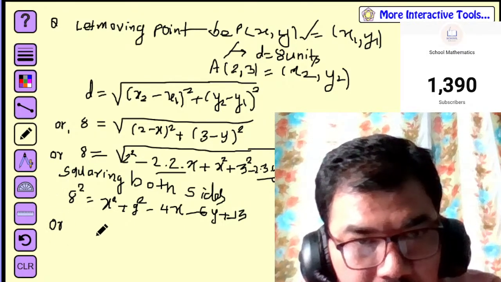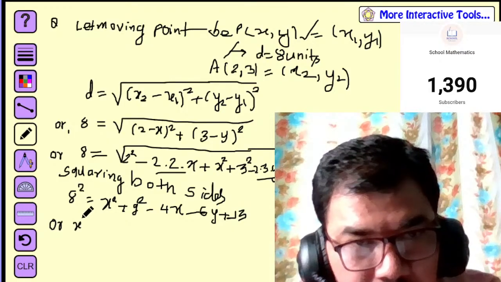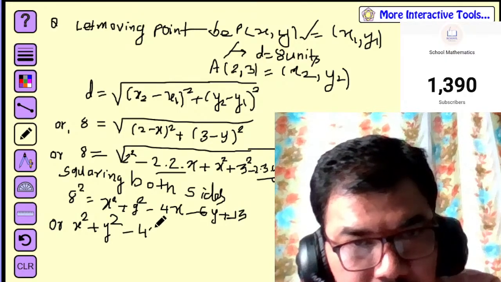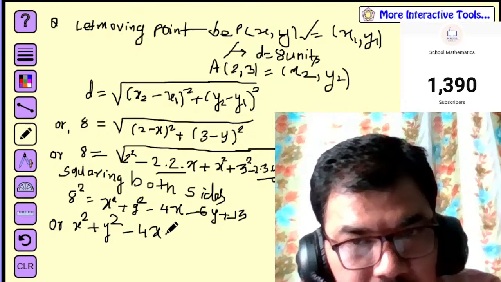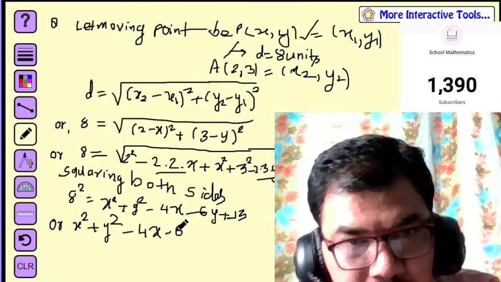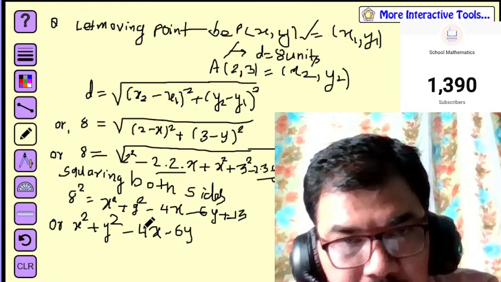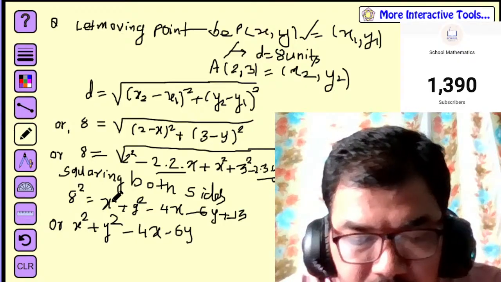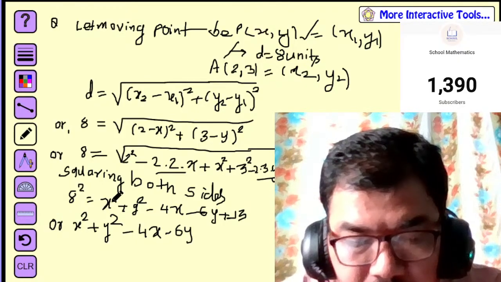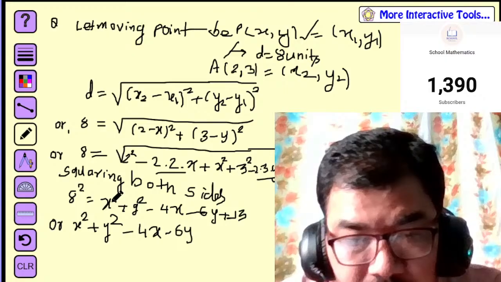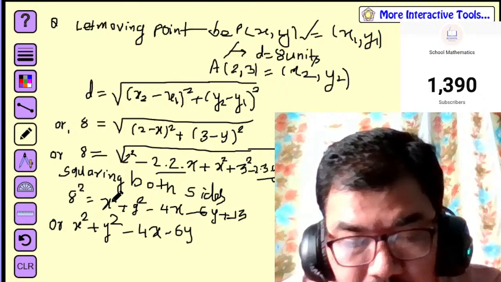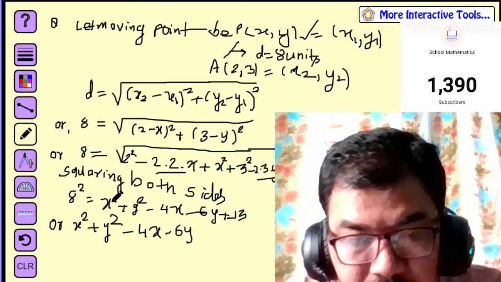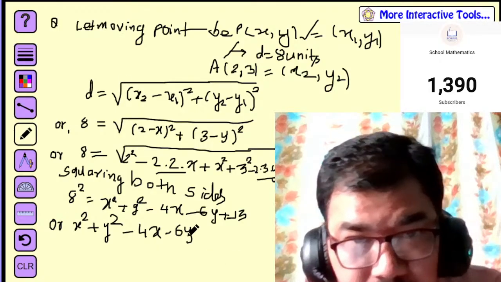Then what will be this side? Write all of this: x squared plus y squared minus 4x minus 6y, and then we subtract, that is 13 minus 64, which is minus 51.